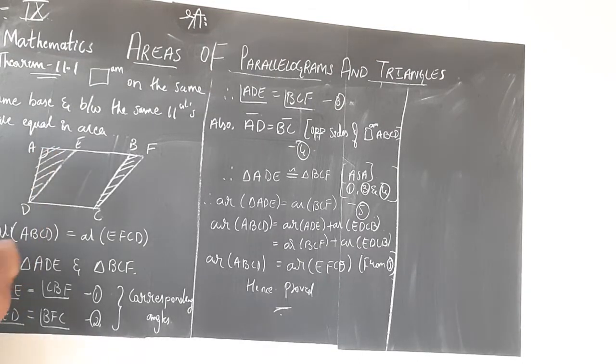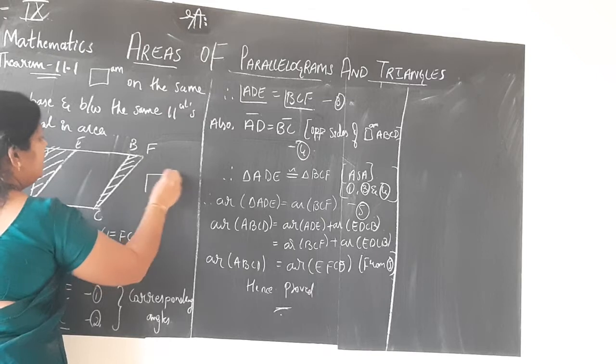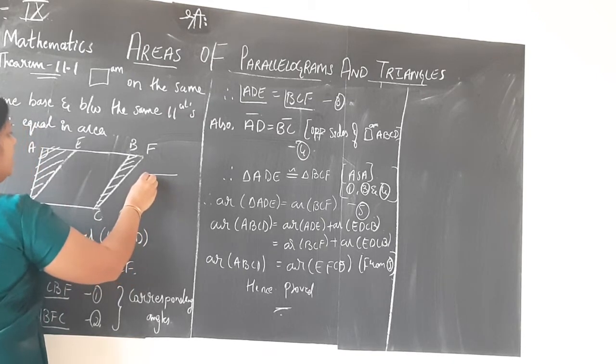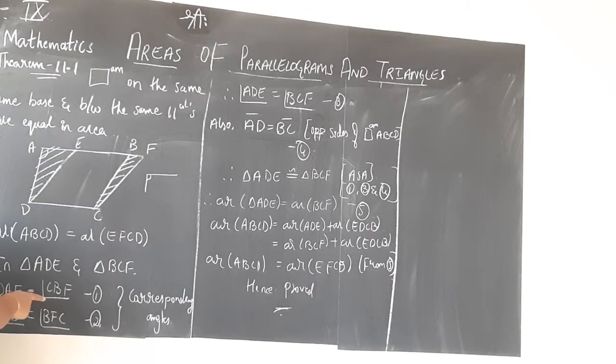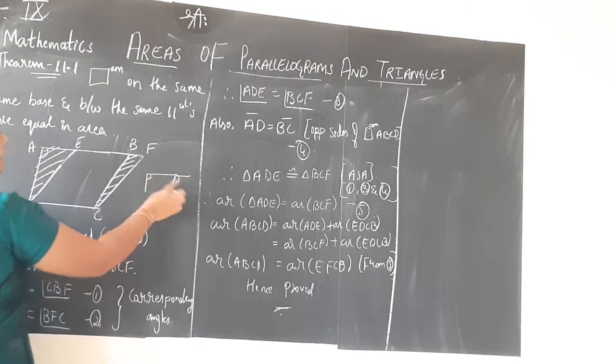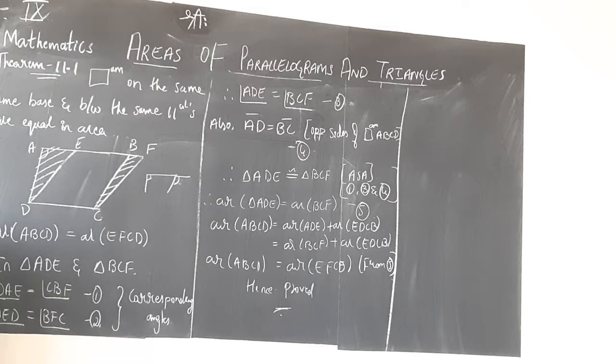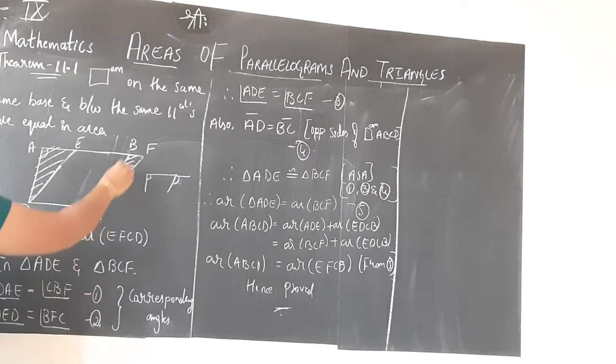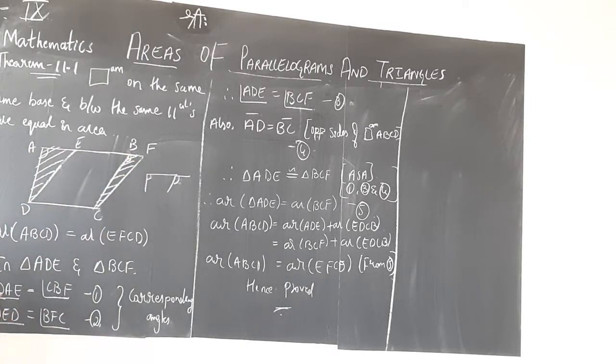These two angles, at A and at B, are equal. Angle DAE is equal to angle CBF, we will call it equation 1.